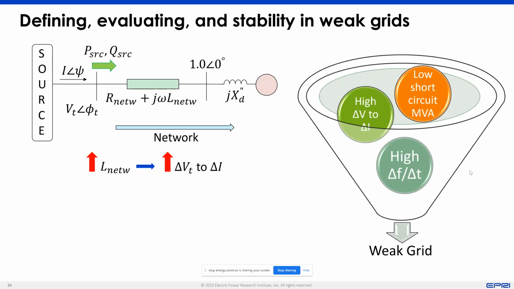So having low short circuit MVA, in an inverter-based resource system, a weak grid from a perspective of low short circuit MVA is not always necessarily a long transmission line. It can also be related to the fact that you have a very electrically close system, but all the resources in that electrically close network are not able to provide short circuit current. So as a result, you will still have low short circuit MVA here.